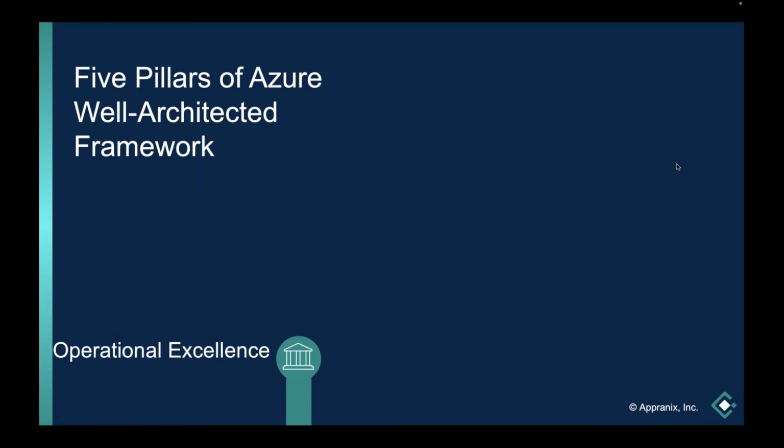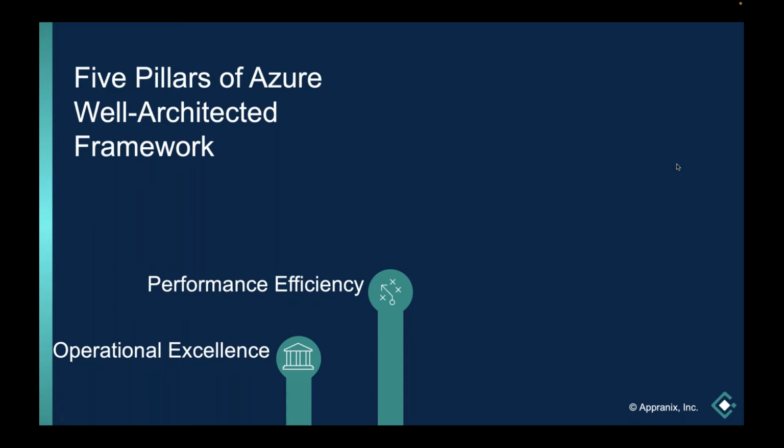Operational excellence talks about how you should be practicing the operations side of the equation. You could use Azure's built-in management console functionality or API or other mechanisms. There are very specific things about how you can achieve excellence within operations, and that is a continuous process.